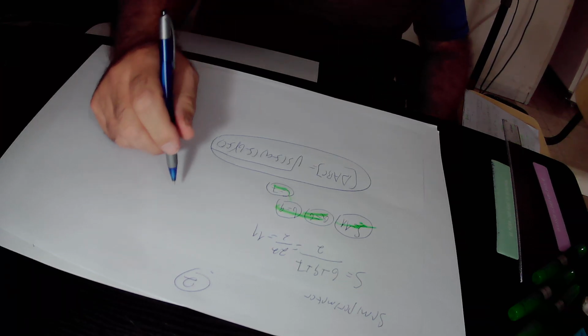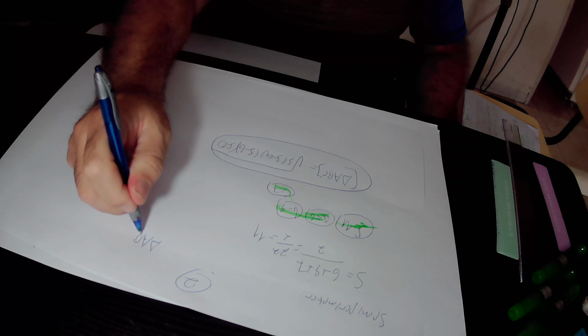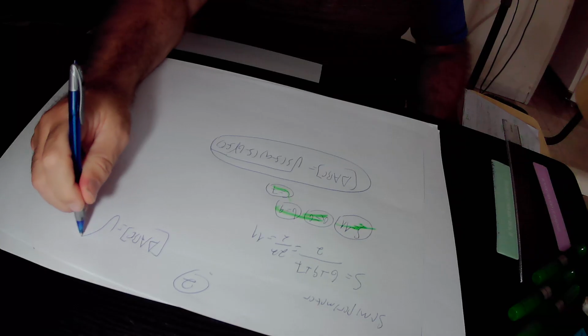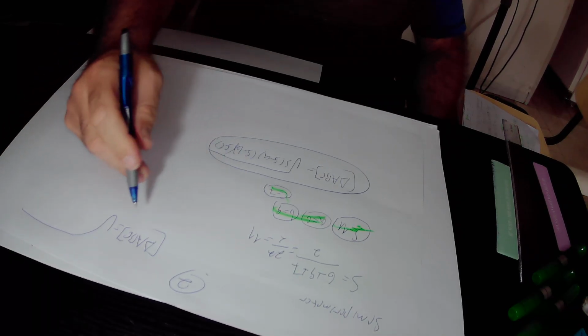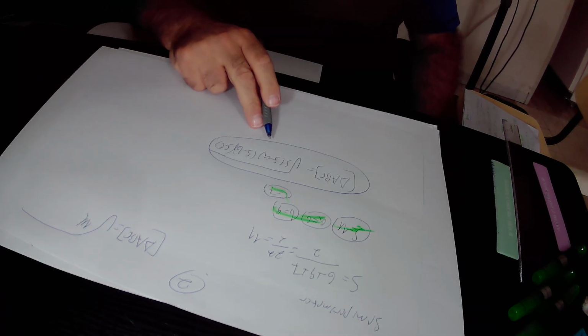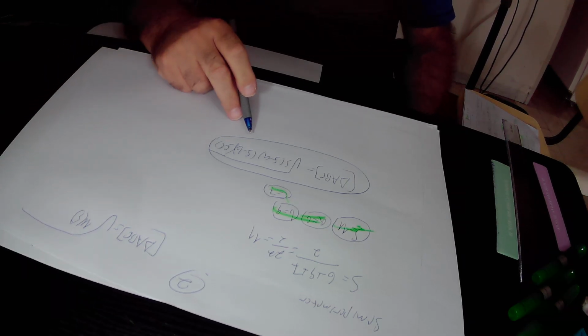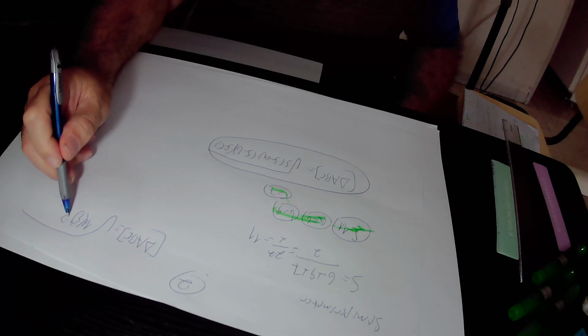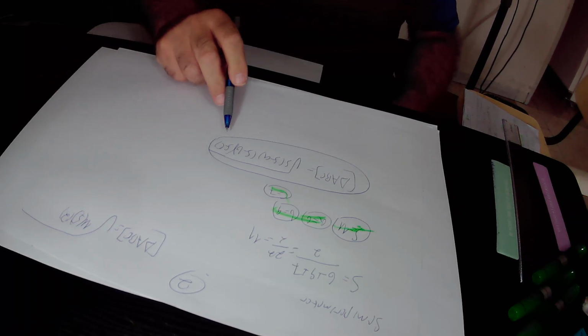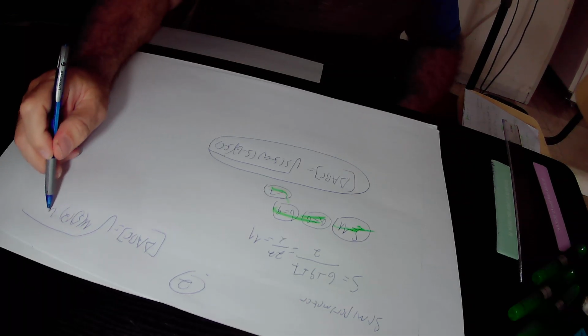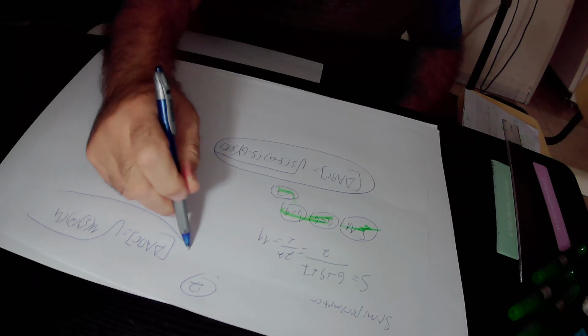So the area of triangle ABC will be equal to the square root of S, which is 11, times S minus A. S is 11, A is 6, so S minus A is 11 minus 6, that is 5, times S minus B. S is 11, B is 9, so S minus B is 11 minus 9, that is 2, times S minus C. S is 11, C is 7, so S minus C is 11 minus 7, that is 4.